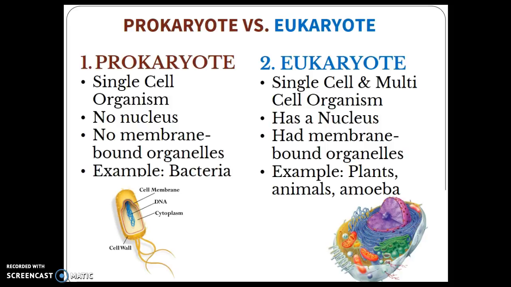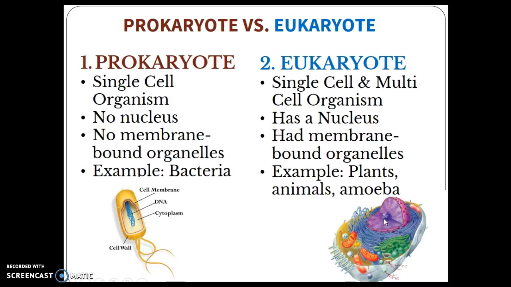So prokaryote versus eukaryote. A single cell organism is a prokaryote, has no nucleus, no membrane-bound organelles. An example would be bacteria. If you look inside the cell, we have DNA, but we don't have it contained within a nucleus.